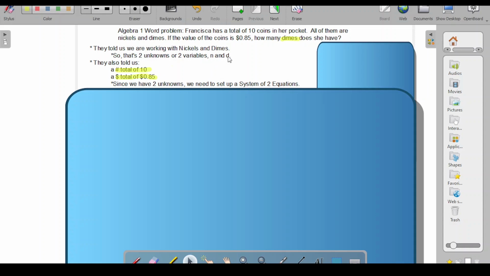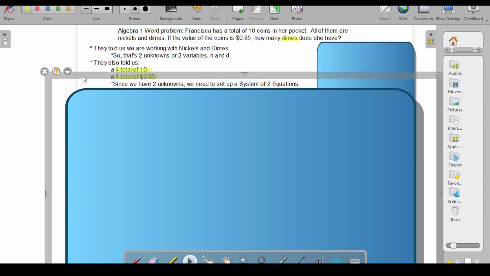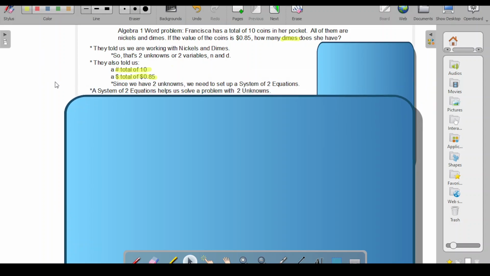And since we have two unknowns here, we're going to set up a system of two equations. And luckily, they gave us two totals that we can make our two equations from. So a system of two equations helps us solve a problem with two unknowns.